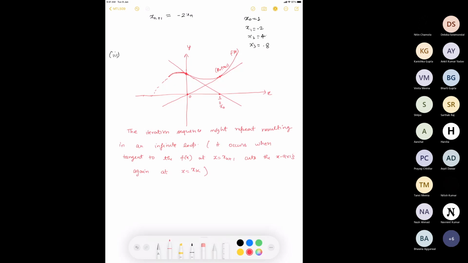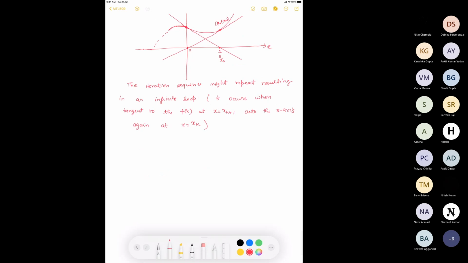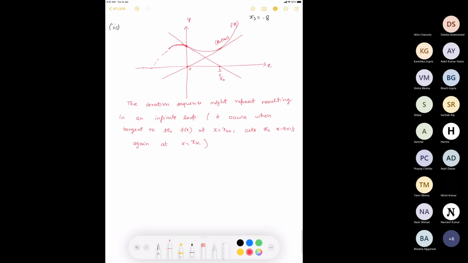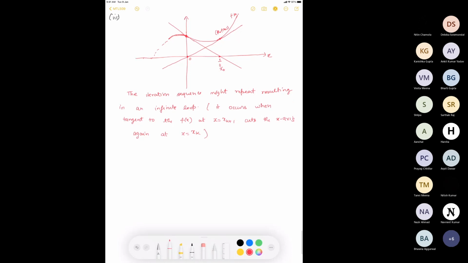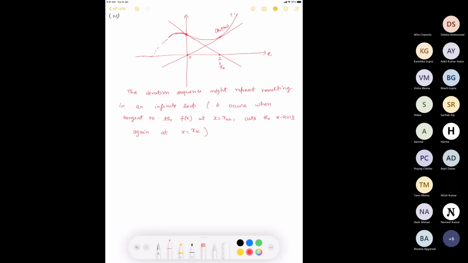So this is going to go into an infinite loop. In such a situation, if you end up choosing your x naught in such a way that it goes into this setting, then of course you will have an infinite loop. You will never be able to converge to the actual root of the function.